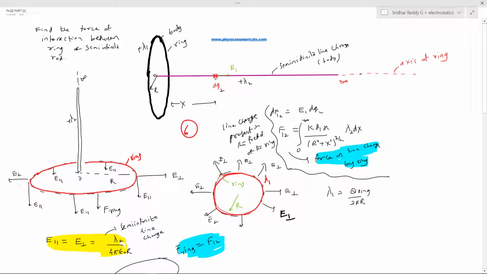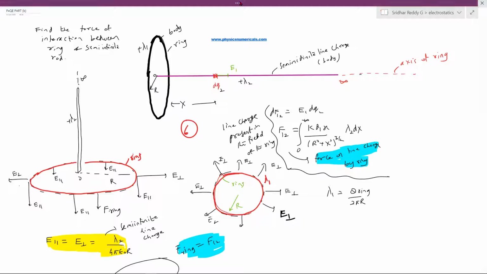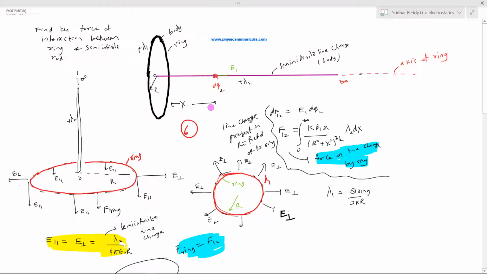What is the method? What we can do is assume a small element dq, a small elemental length on the rod. Then I'll first find the force on that small element. Then I'll integrate x equal to 0 to infinity, and I'll get the total force acting on the rod, the force on the line charge by the ring. So what is the method? I'll assume a small element dq2.